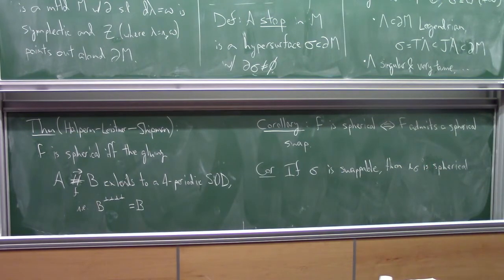So what this does is give a geometric picture of why the structure functors for these skeletal mirrors that don't come from Landau-Ginzburg models still are spherical.